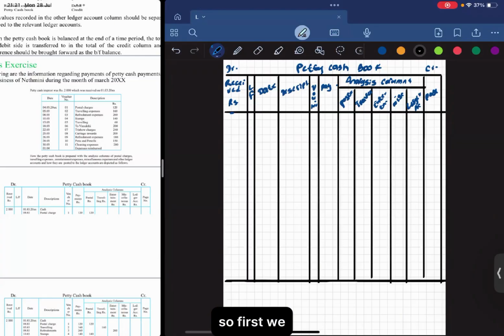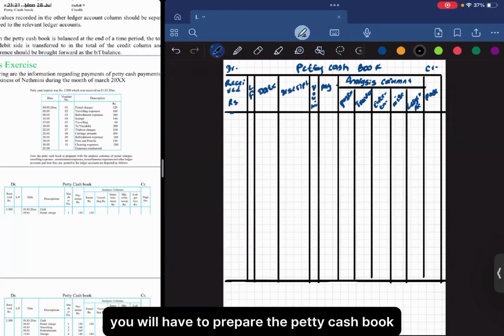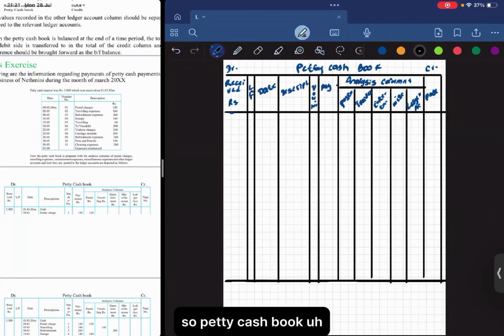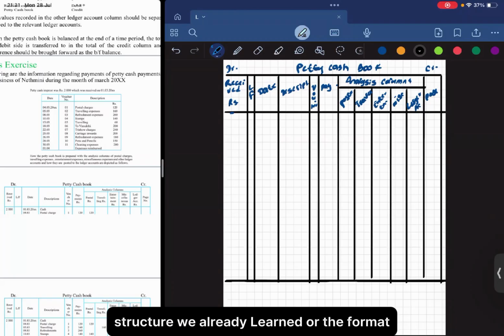First you will have to prepare the petty cash book. The petty cash book structure, or the format, we already learned.